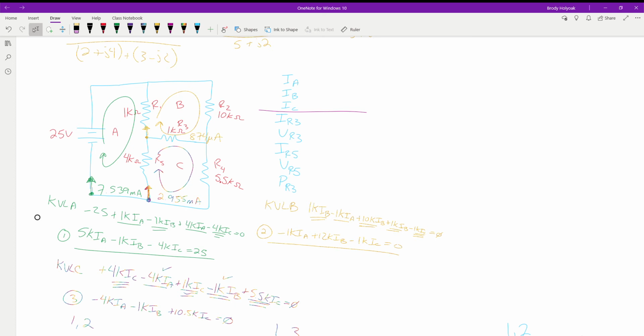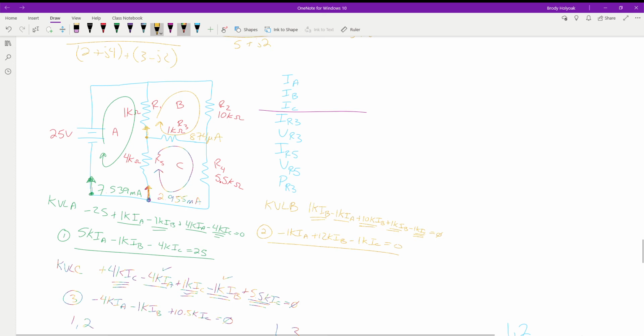Okay. So here we're going to look at R3. We've got 874 microamps of current coming this direction. We've got 2.95 milliamps of current going this direction. Which one's going to win? IC or IB? IC.